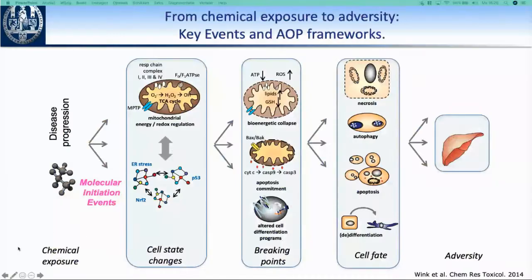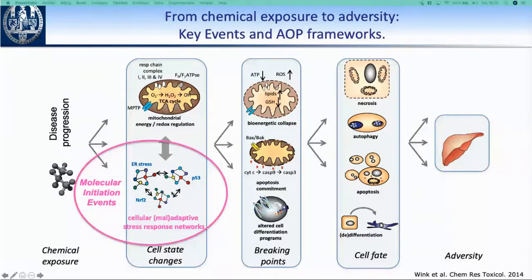When a chemical or nanoparticle enters the liver and reaches the hepatocyte, it provokes a certain molecular initiation event. This may lead to the accumulation of certain types of stress inside these hepatocytes, such as endoplasmic reticulum stress response, DNA damage signaling, or oxidative stress.